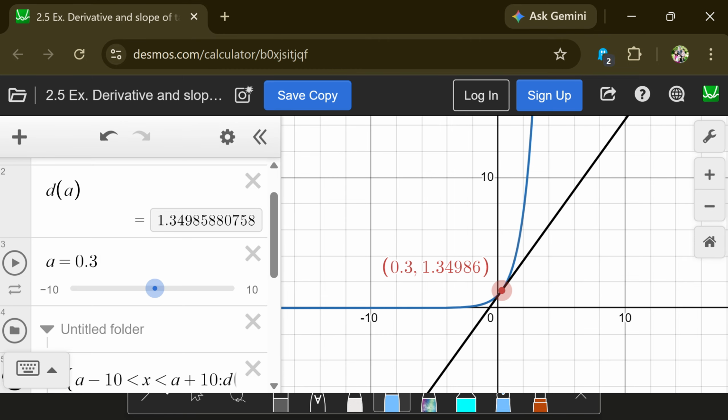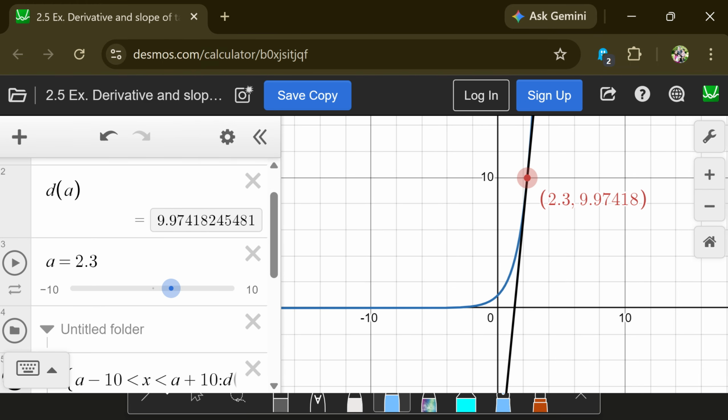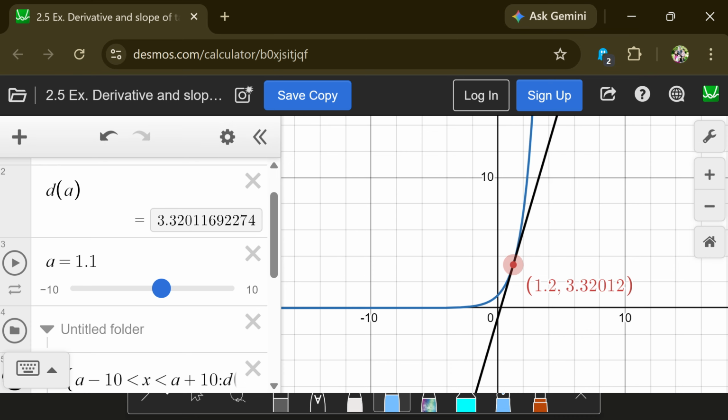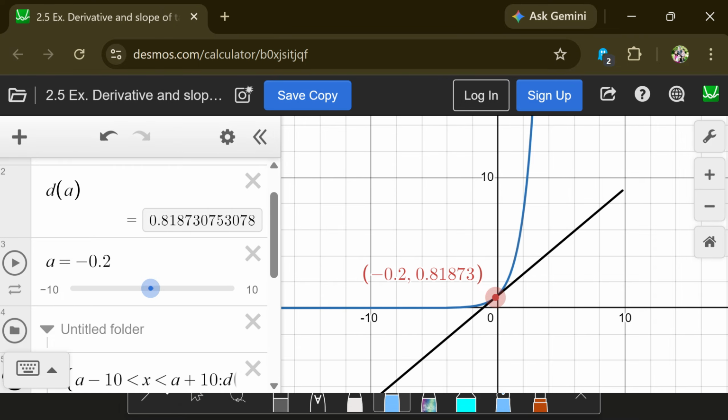If I could put it right at 0, which is hard to do on this touchscreen, we would see that we get a point of 1. But anywhere we go, the derivative at point a, d of a, is 9.9741 and so on, and my y value, looking at the graph, is the exact same. So everywhere on the graph of e to the x, the derivative is equal to the y value.